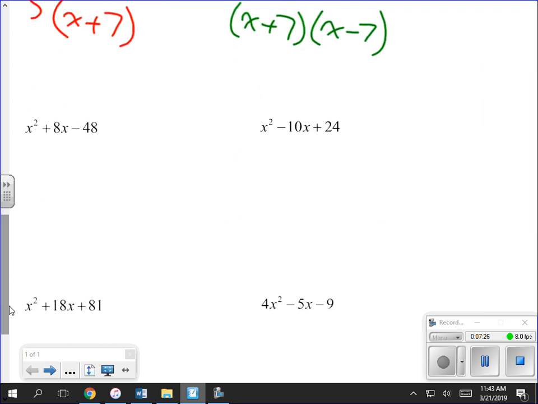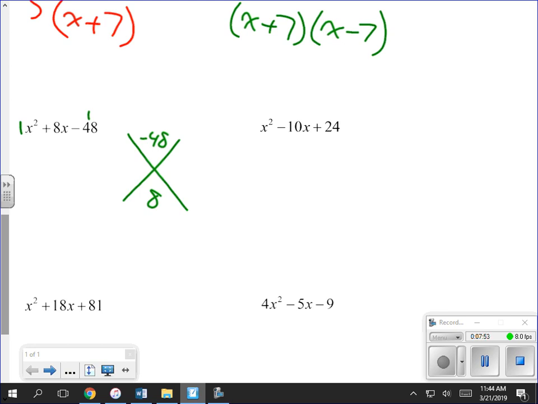Okay. We get down to the next ones. These ones are all to be set up using an X box or something like that. I like the big X. It works pretty well. In the top, I have negative 48 from this number times the one that's in front. And then I have an 8 in the bottom. Two numbers that multiply to give me negative 48 that when I add them, I get positive 8.